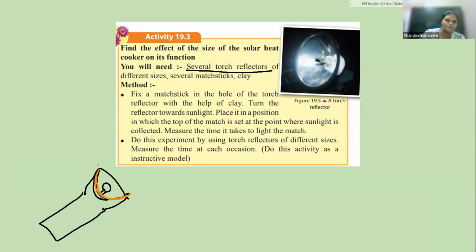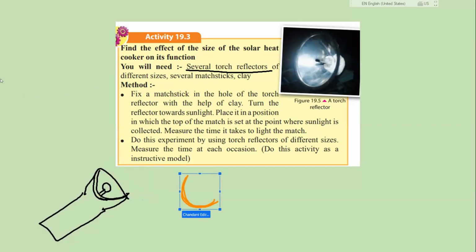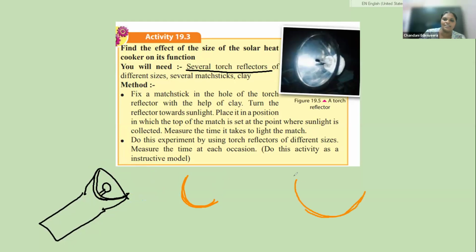A reflective part, that we call the reflector. So they asked, we are taking several reflectors, bigger ones and smaller ones like that, and in a reflector there is a place to fix the bulb, right? And they ask us to use some clay and fix a matchstick here.